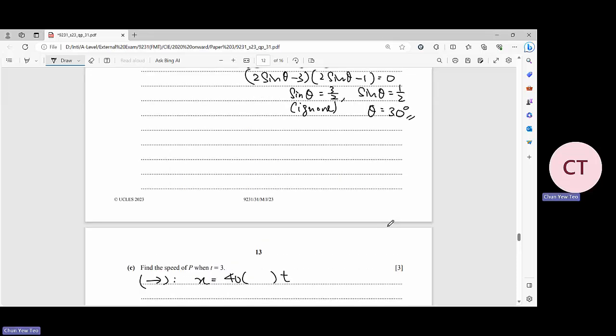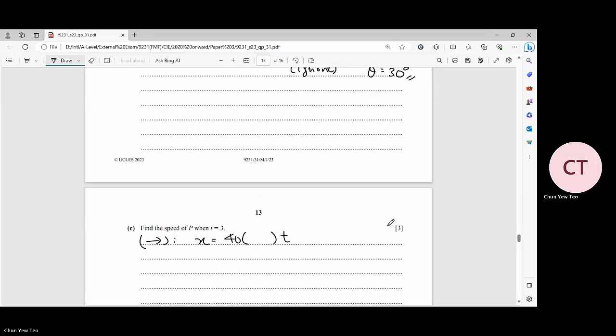What is cos theta? The cos theta is cos 30 degrees. So this one will be 20 root 3 t.